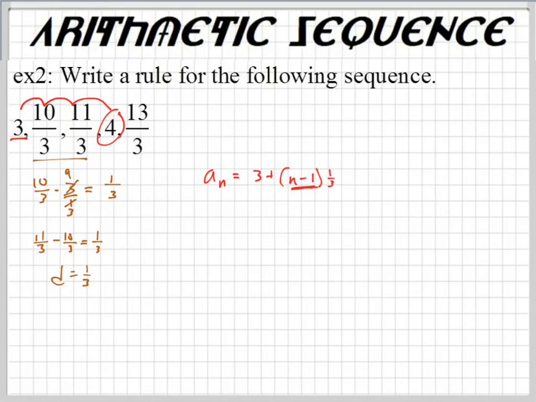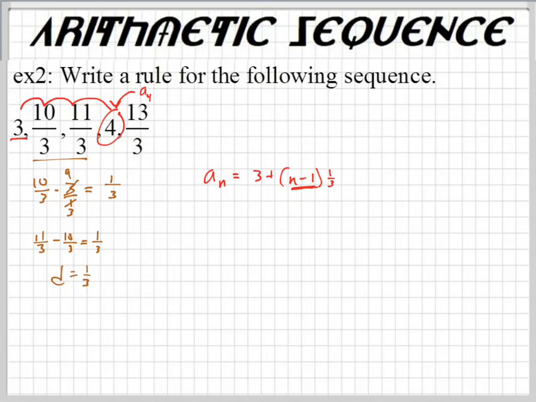What's the number of the term? For this one, it'd be a sub 4. So if I plug in 4 right here, that would be 3. You see how it just takes 1 away and says I have to add 3 of the 1/3 to it. Does that make sense?